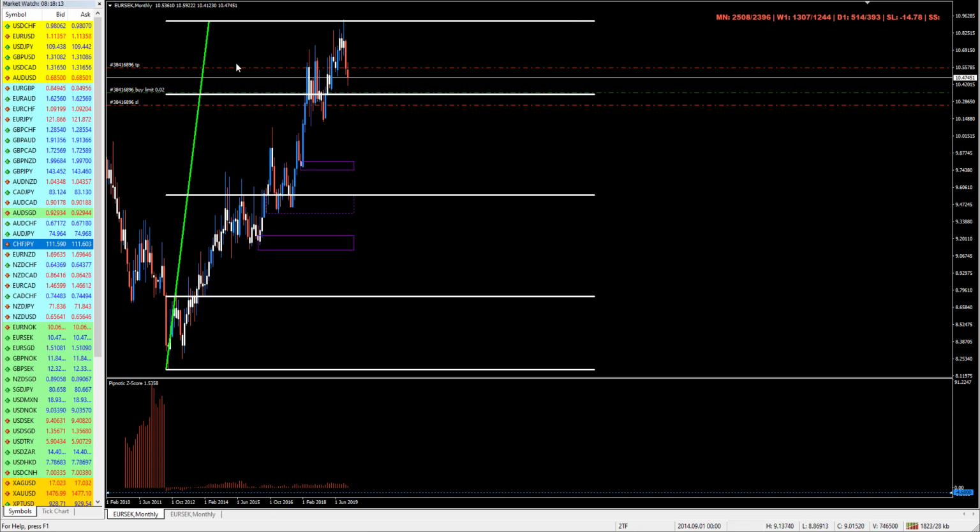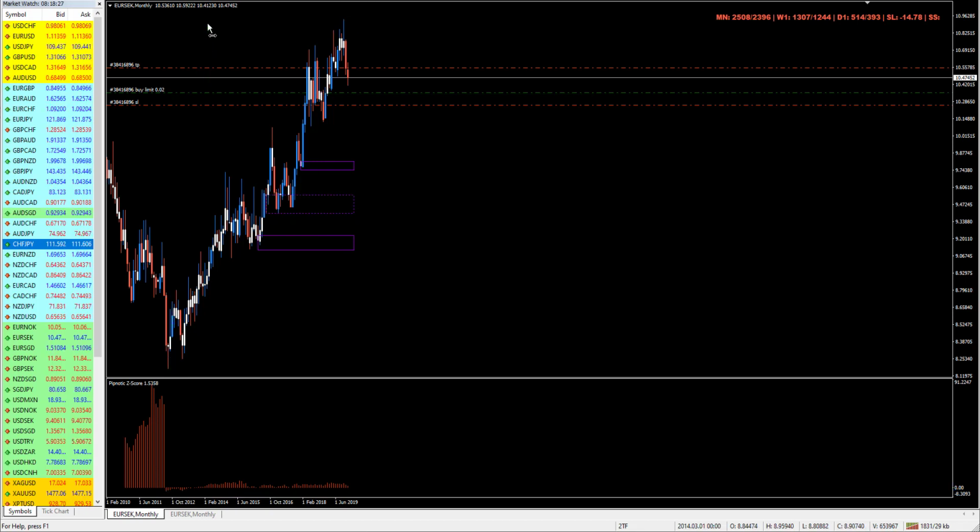If price manages to come back, maybe give back 50% of this move, that's a very significant swing point there. And once that has happened, then you have a pretty good indication that this is a major turning point. But you don't even have to wait that long. If price manages to turn away and we start to consume opposing demand, then I think it's safe to say that we have formed the high. And then you can start using the red light, green light stuff.